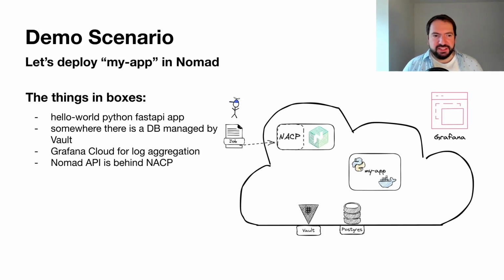In the cluster itself, there's Vault, and Vault manages a Postgres cluster with databases in there, so credentials are somehow managed by Vault. If you want to see logging, we just stick with some cloud provider, in this case Grafana Cloud for the log aggregation. And our Nomad API or Nomad server is behind the admission control proxy.